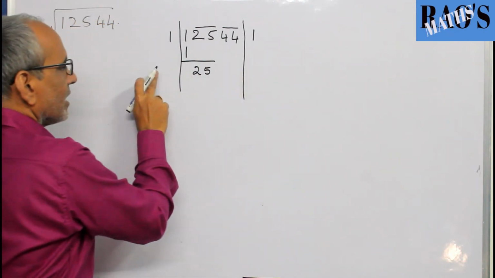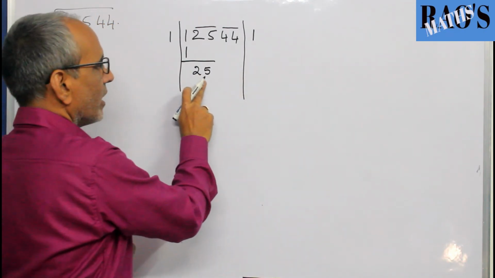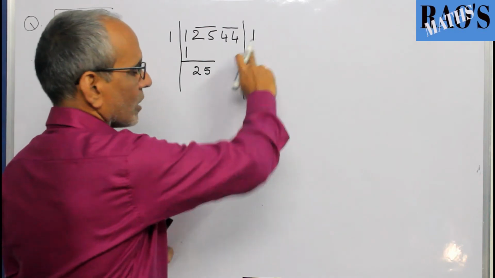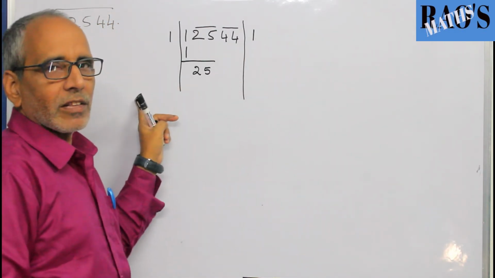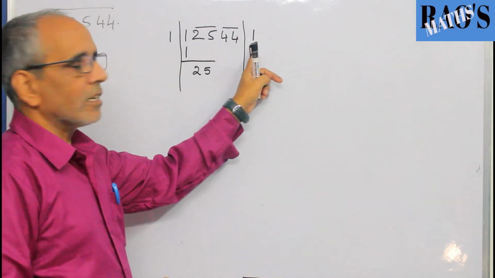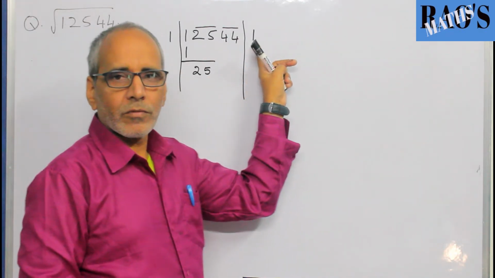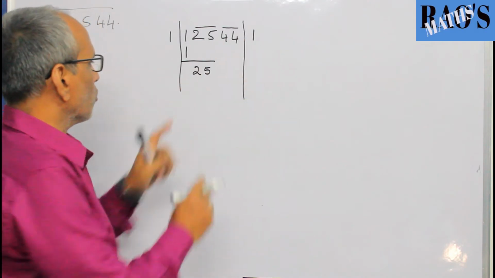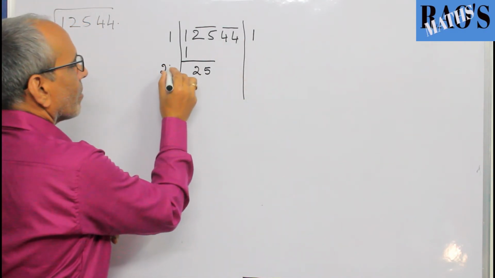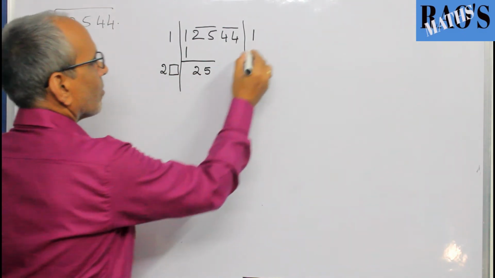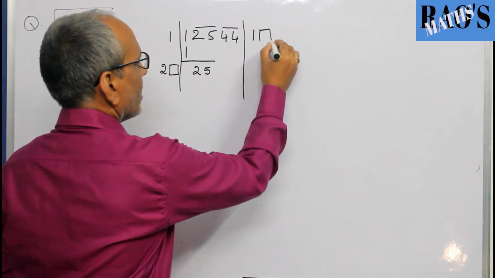And the next divisor to divide this 25 is twice the quotient. Always you have to write twice the quotient in the divisor place. Since the present quotient is 1, we take 2 times it, that is 2. It occupies the tens digit of the current number. We have to guess the units place here.